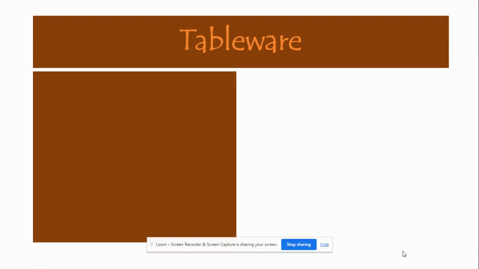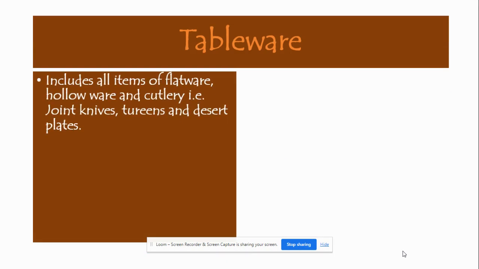Tableware is a very important type of service equipment because without it we cannot serve the meal. It is a general term that explains flatware, all kinds of cutlery, and all hollowware such as soup bowls and tureens.